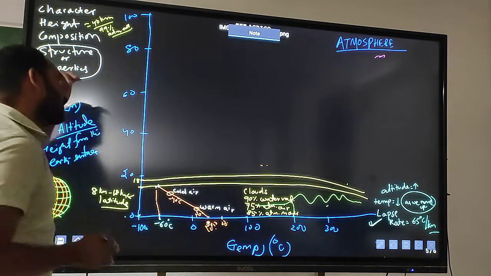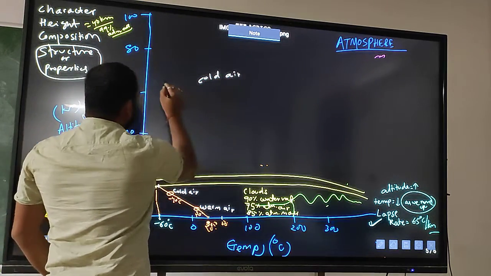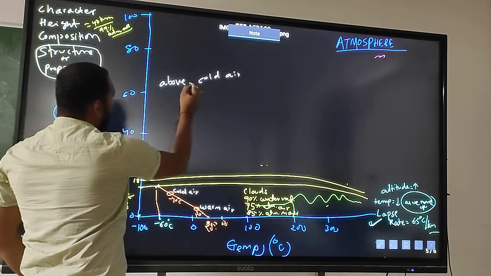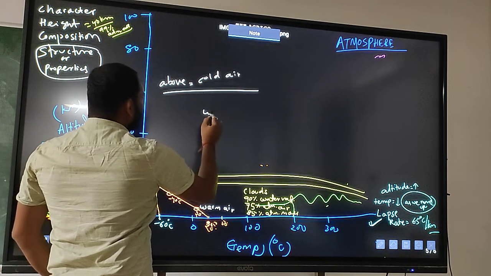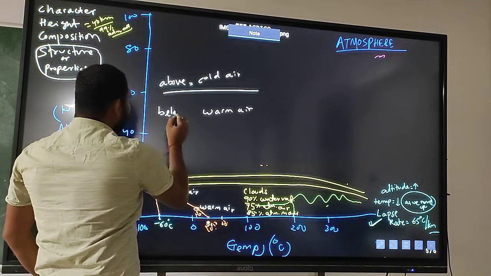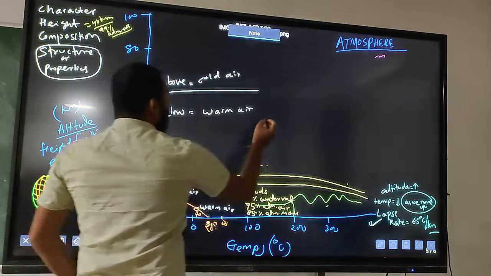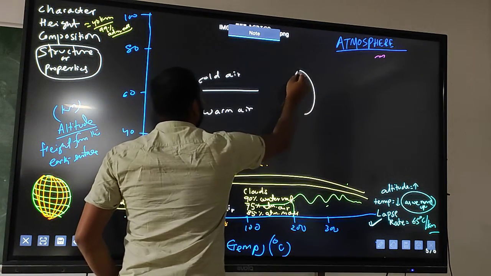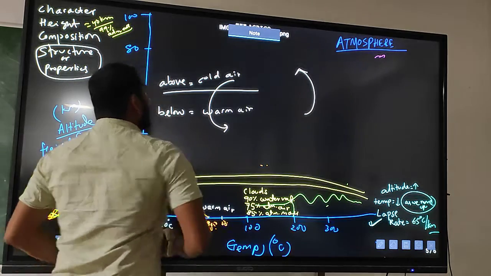As we know, if cold air is present above and the warm air is present below, then what will happen? Now the warm air will move upward and the cold air will move down. Yes or no?